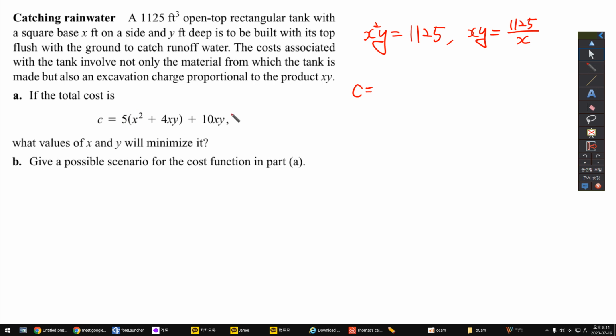let's first open the parentheses. So that means 5x squared plus 30xy.